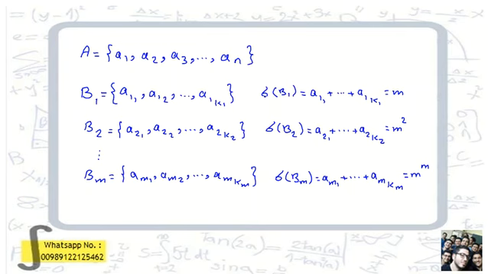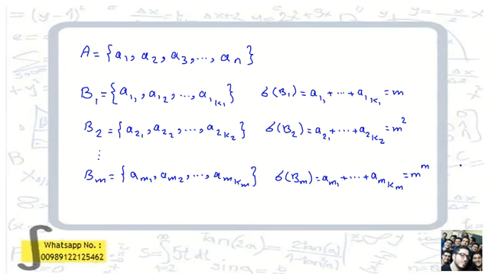We define this function: it equals a11 plus a12 plus to a1k1, and equals m from the assumption of the problem. We are writing the assumption of the problem. Sigma B2 equals a21 to a2k2 equals m squared, and sigma Bm equals am1 plus to amkm equals m to the m.